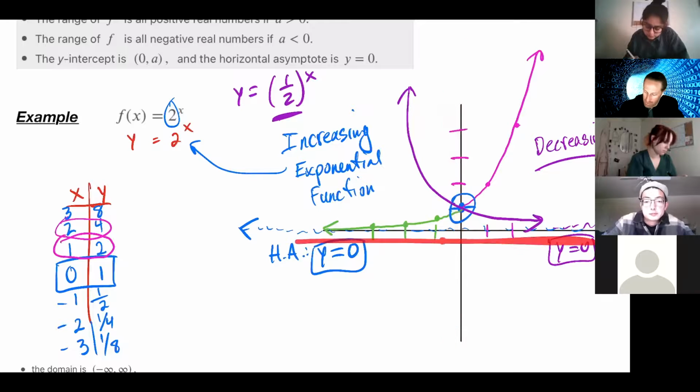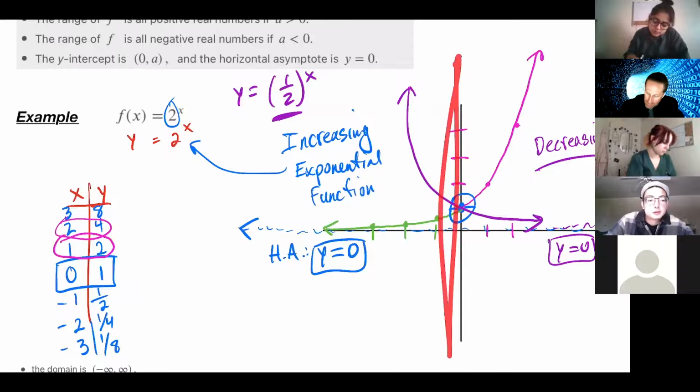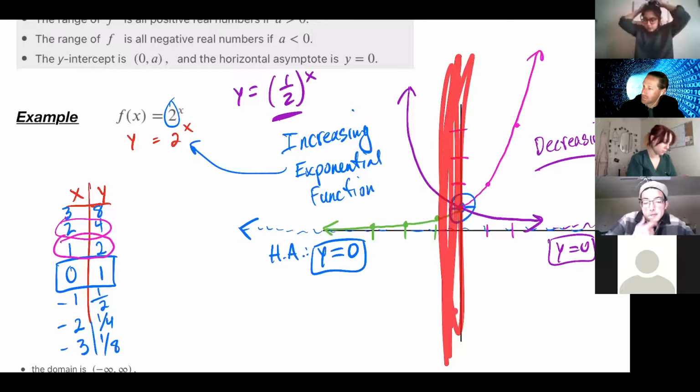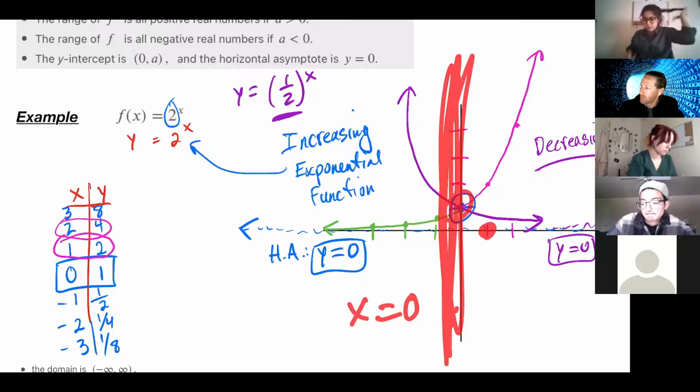Exponential functions run along the x-axis. And because these both share the point 0, 1, what is the inverse of 0, 1? 1, 0. Very good. So logarithms will have this as the asymptote, x equals 0, and instead of 0, 1, it will have the point 1, 0.